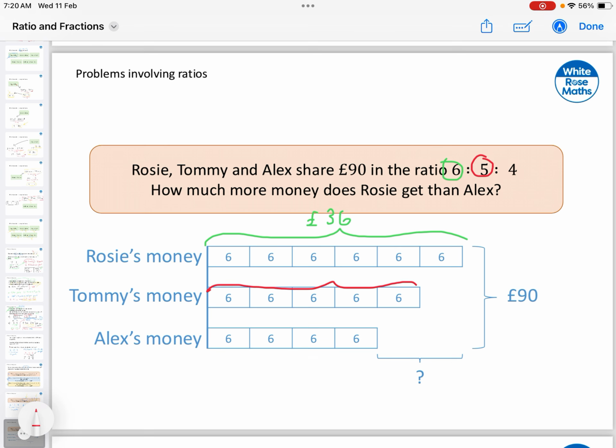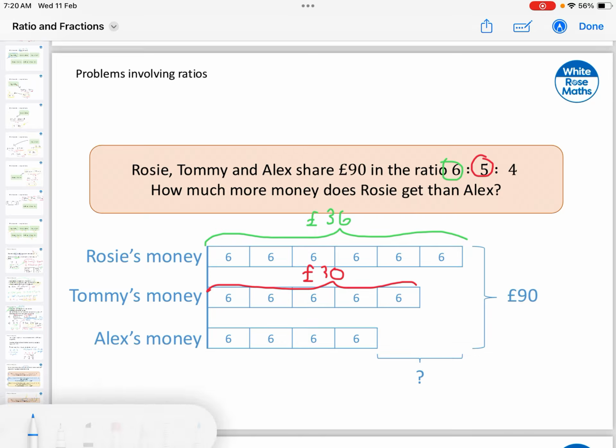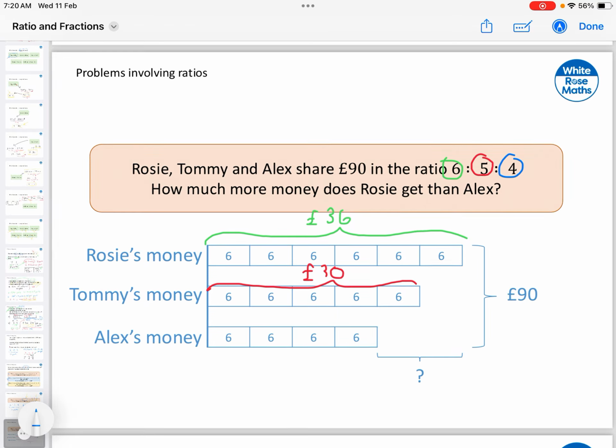So Tommy has 5 of those 6 parts, so Tommy received 30 pounds. And then finally, we have Alex. Alex is receiving only 4 of those parts, so 4 times 6, and that's 24 pounds. Meaning then that we have 36, 30, and 24.